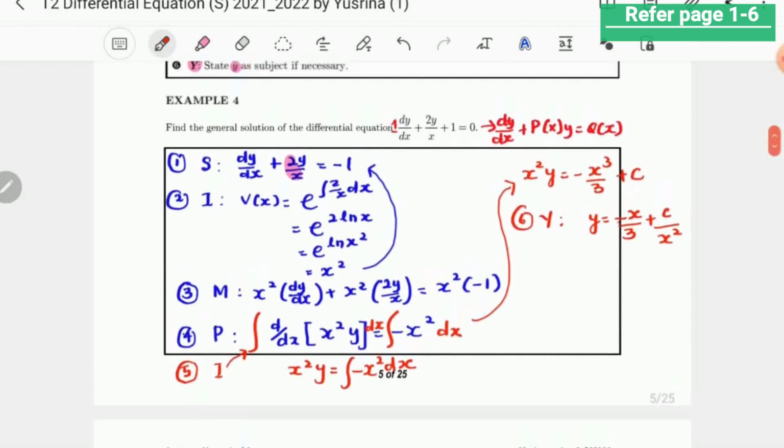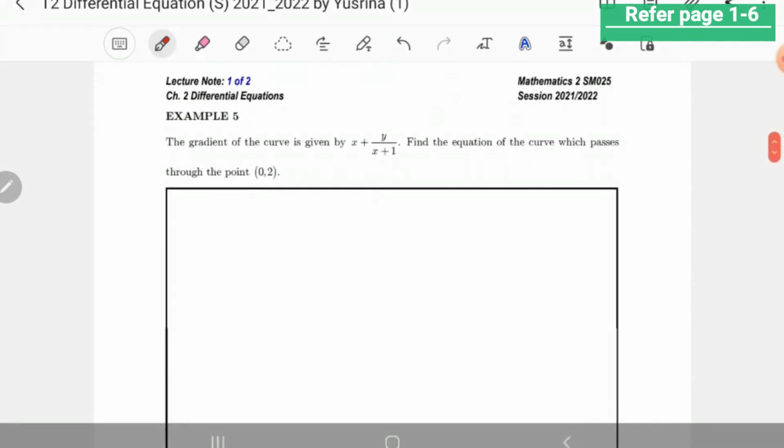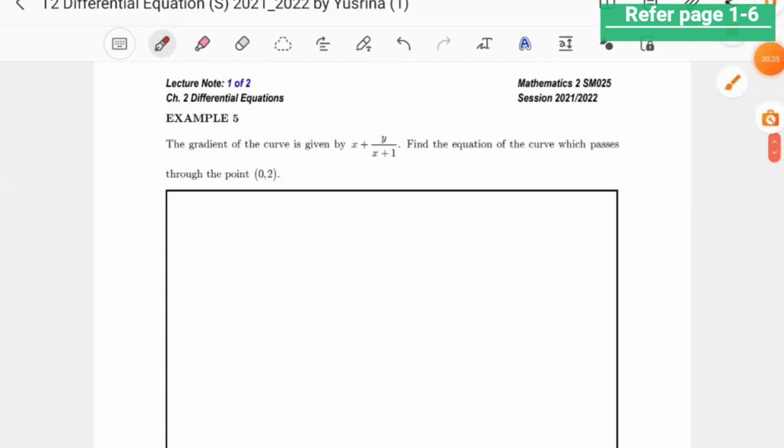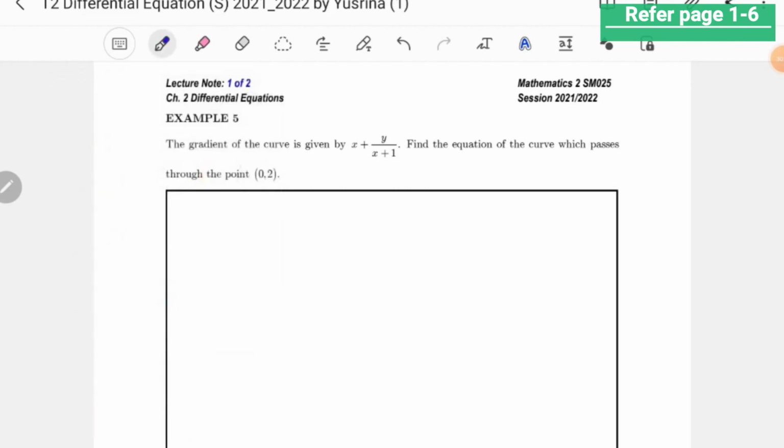Okay, so this one is the general solution for this question. Next we go to example 5. Example 5: the gradient of the curve is given by (x plus y) over (x plus 1).